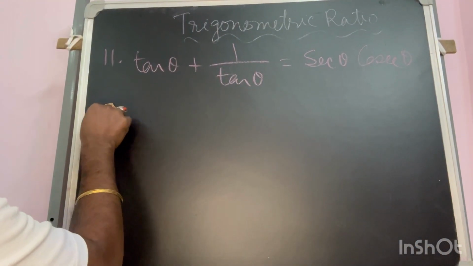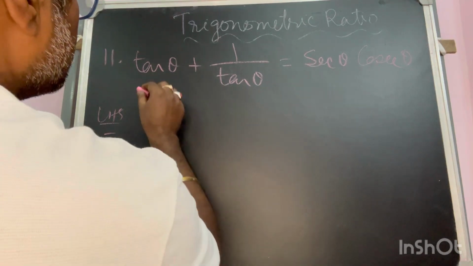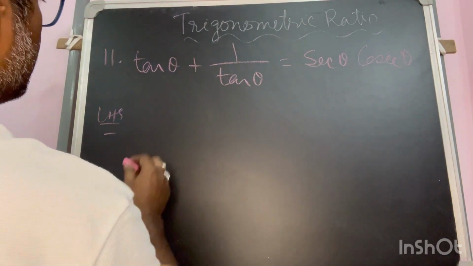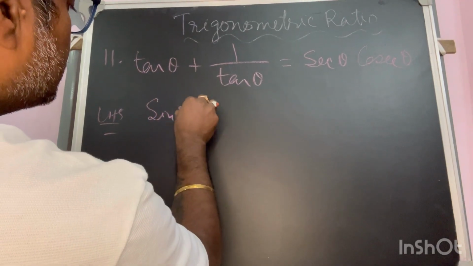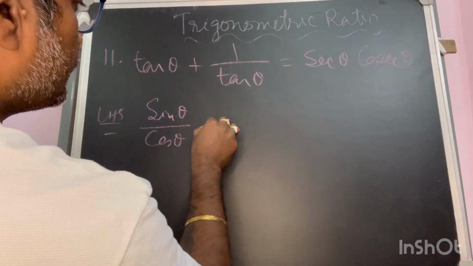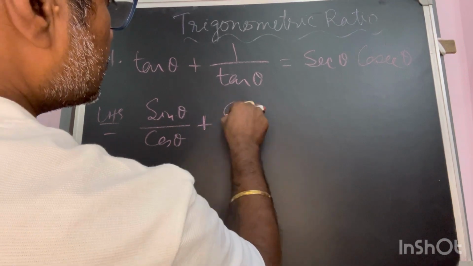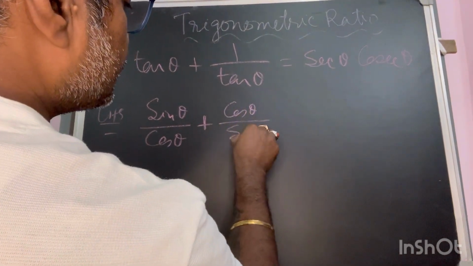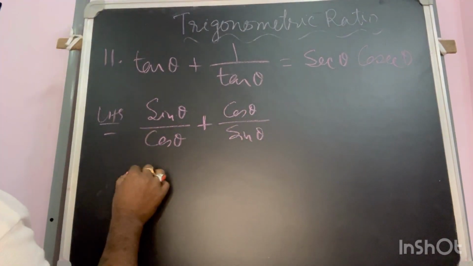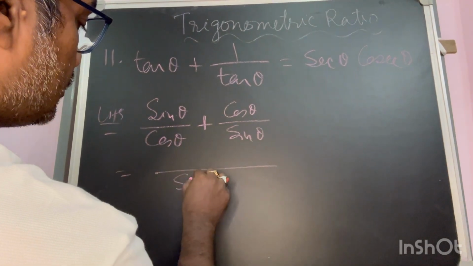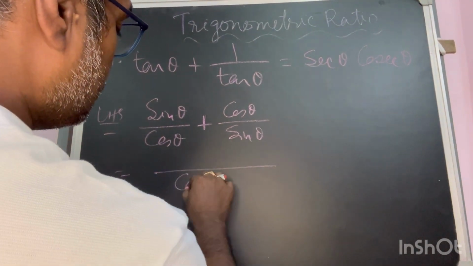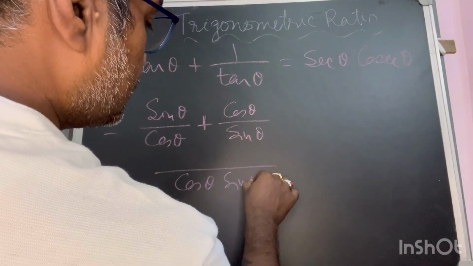Okay, left hand side. Tan theta is equal to sin theta by cos theta, plus 1 by tan means cot theta, and cot means cos theta by sin theta. Now the LCM will be cos theta into sin theta.